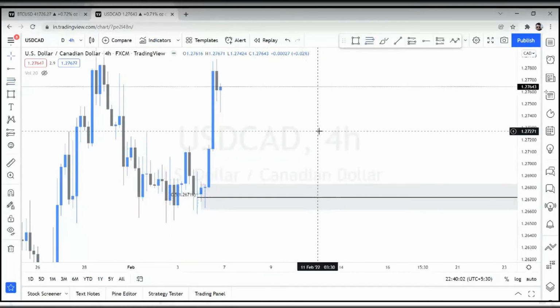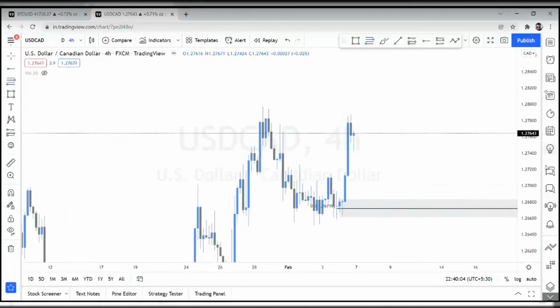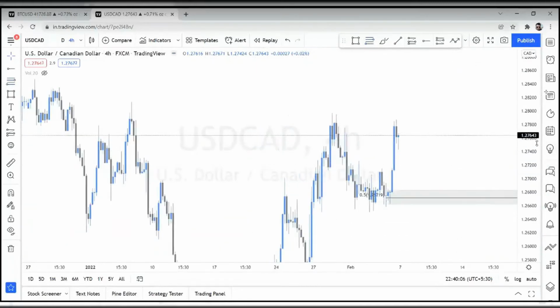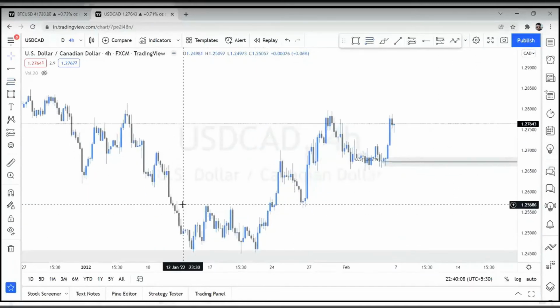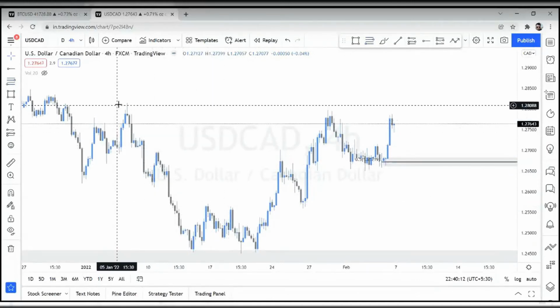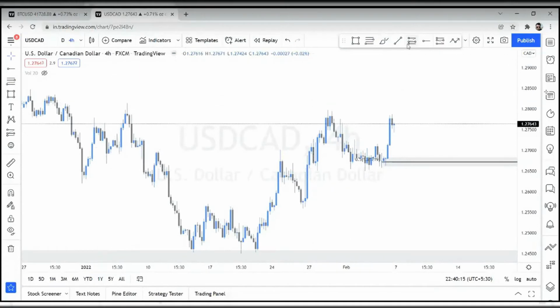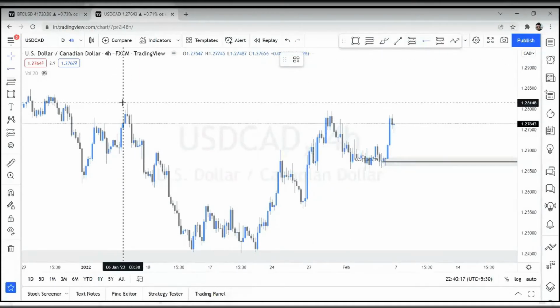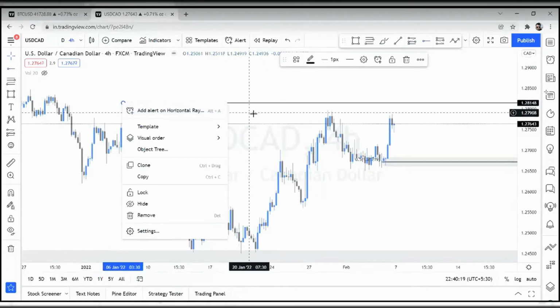So with this move, what are we having? We have a break of structure, and then we have a break of structure here, and still we are yet to break structure. So this is a liquidity. So this becomes our target right now.